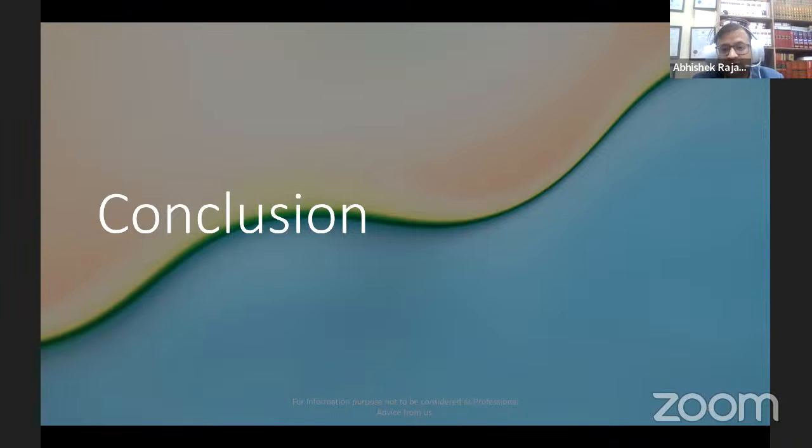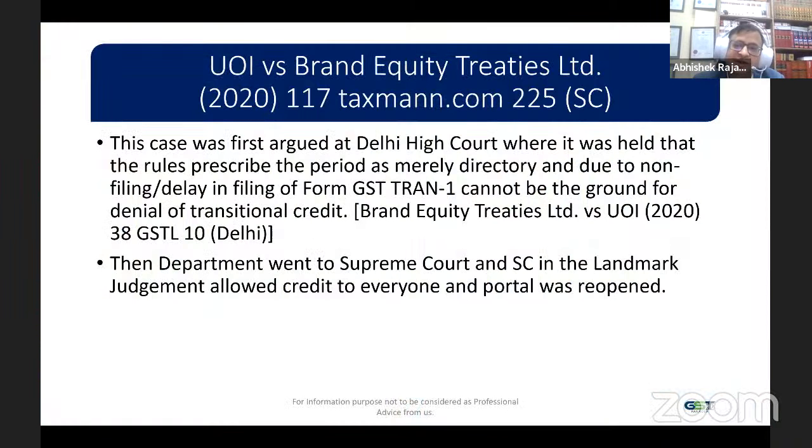In my view, this should be challenged, and I expect relief from the Honorable Supreme Court in the case of Section 16(4). That is my personal opinion. So our discussion from my side is over, so we can take the case laws.